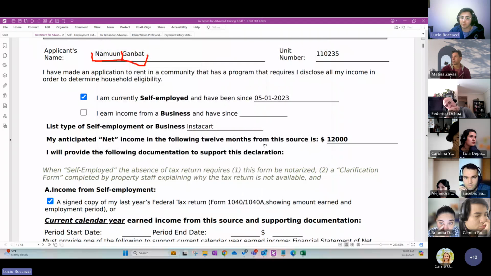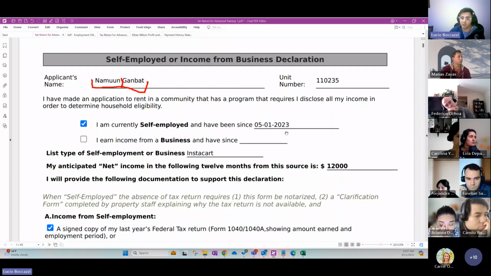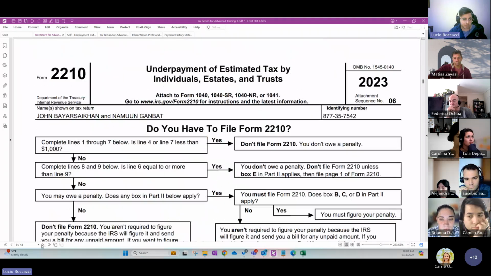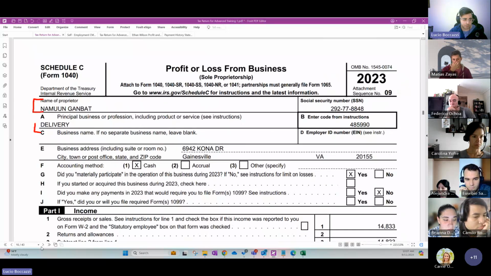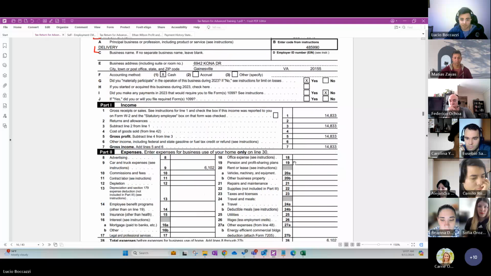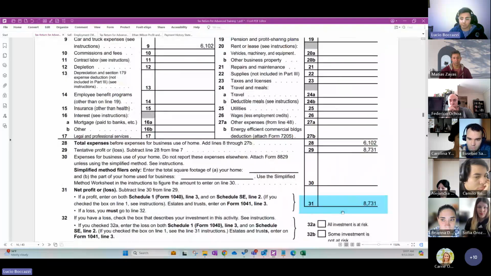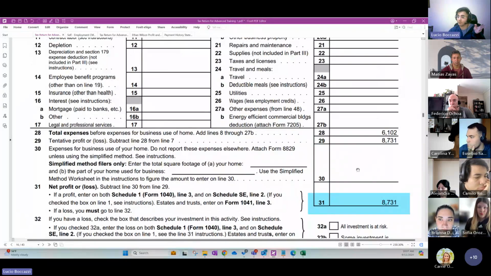But the thing is, the self-employment declaration tells me that Namun started in May of that year, meaning that this amount declared in the Schedule C for delivery is actually what Namun made from May 1st, the start date of her self-employment, until December 31st, the end of 2023.